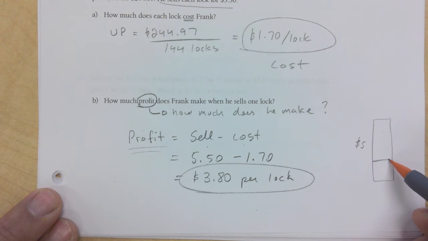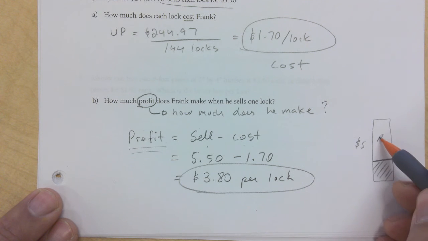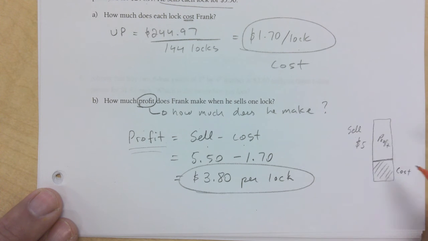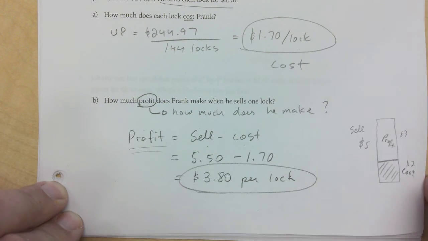The store had to pay something to its supplier, and so the profit is here, right? This is the cost, and this is the selling price, right? So if it costs you $2, then the profit would be $3, so to speak. So they still add up to the total cost of the item that you're buying at the store, but there's a profit component to it.